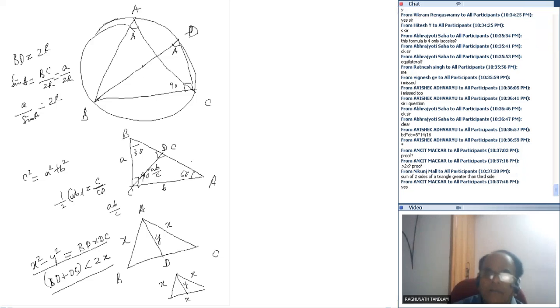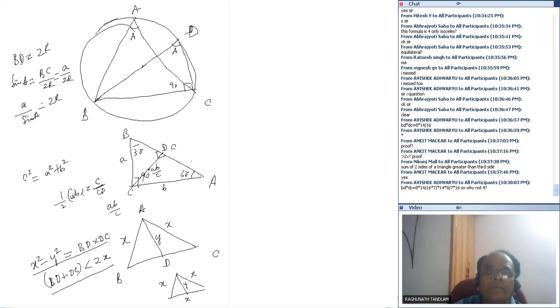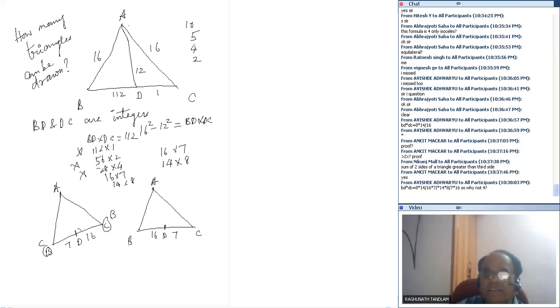But I don't know it's a right angle triangle, Rogan. I never said the triangle is a right angle triangle, isn't it? How does 20 satisfy here?